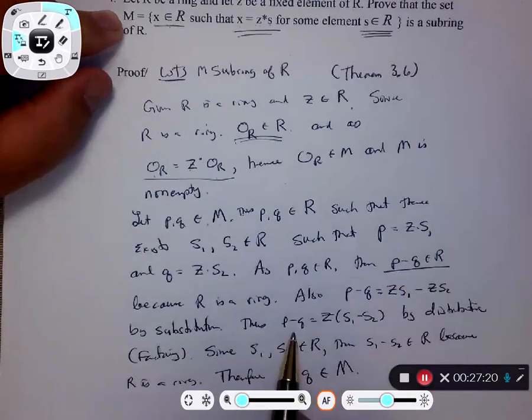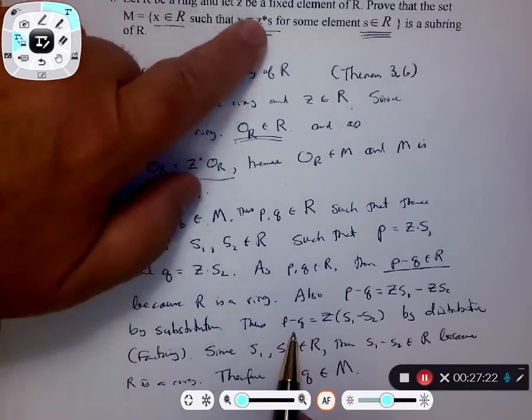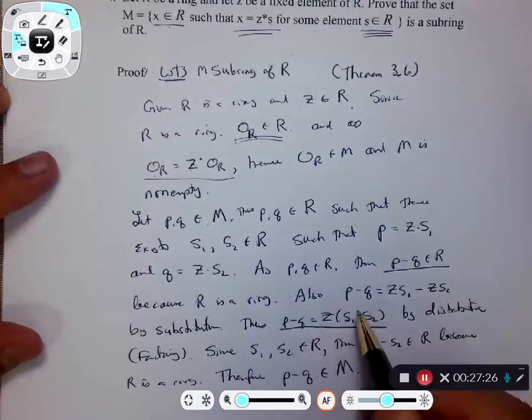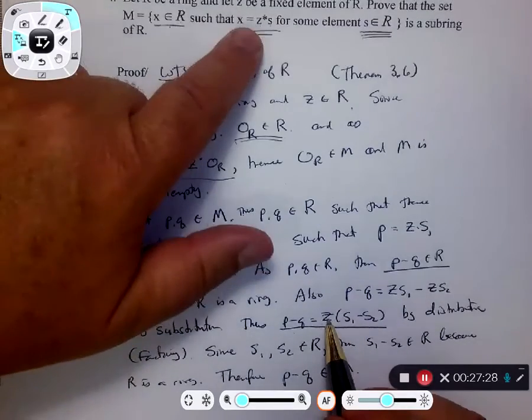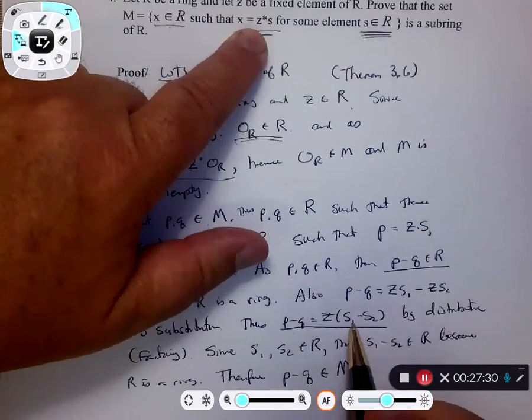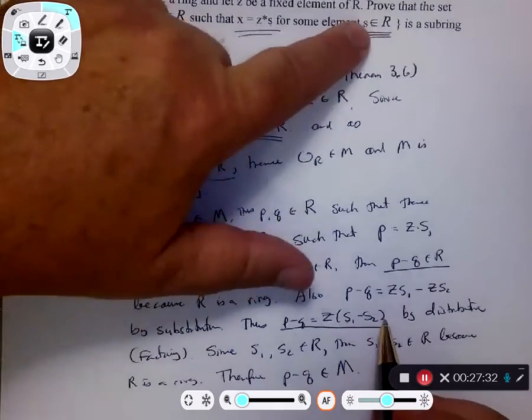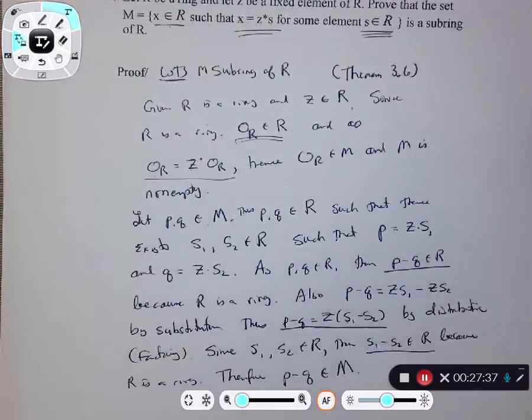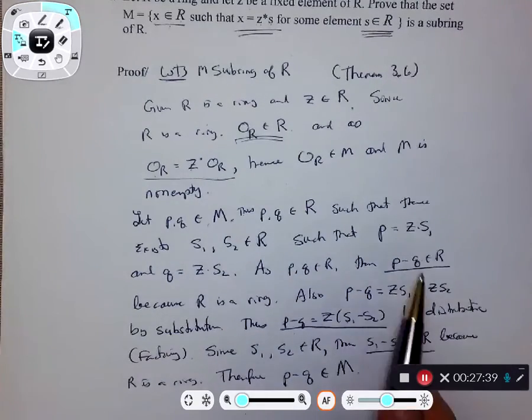Also, P minus Q is equal to Z times somebody, S1 minus S2. Z is in the front, very important about location. And the third thing is that somebody, S1 minus S2, had to come from R, which it does. So all three things have been satisfied, and I've got closed under subtraction.